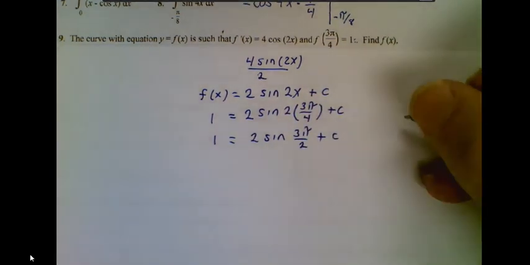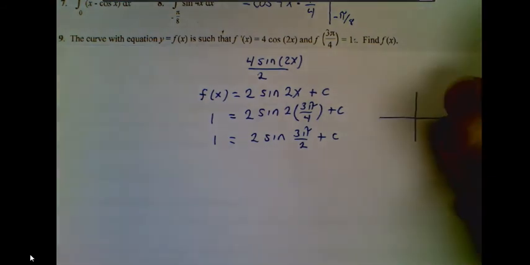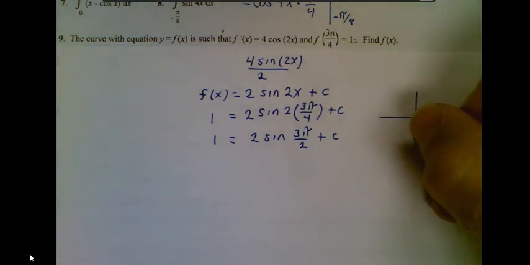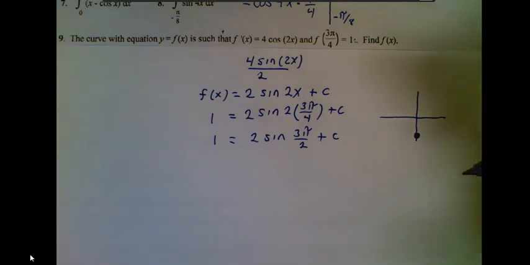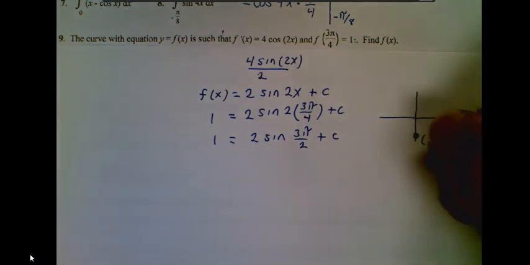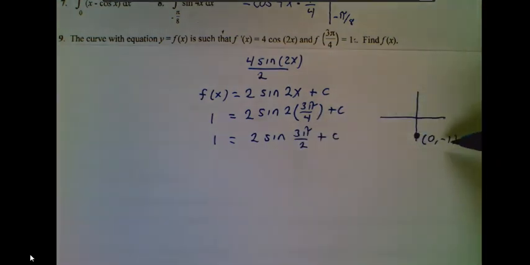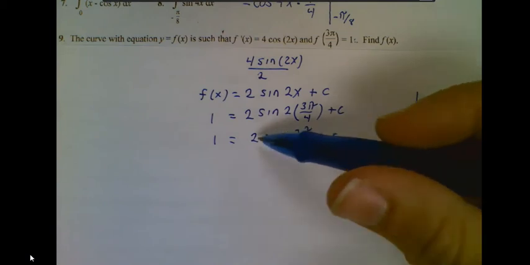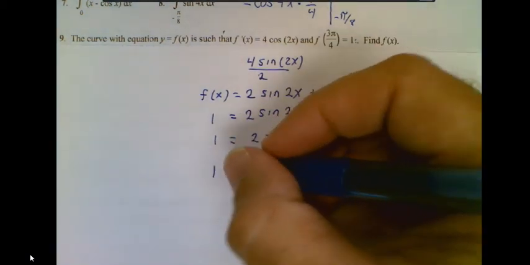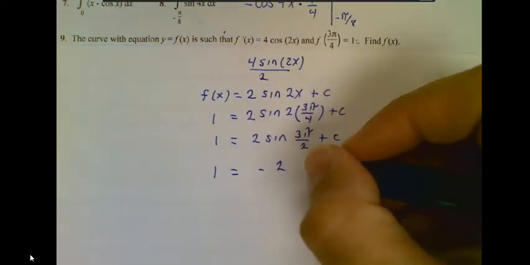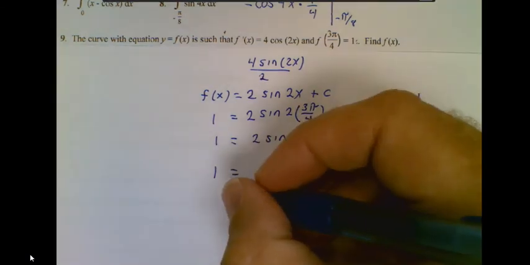Think about where that would be on our unit circle. So 3 pi over 2 puts you right down here at 1.5 pi. So coordinates on that guy would be 0, -1, and we want the sine on that. So sine is your y coordinate, which is -1. So I'm looking at 2 times -1, which is -2, plus c. Add the 2 over.